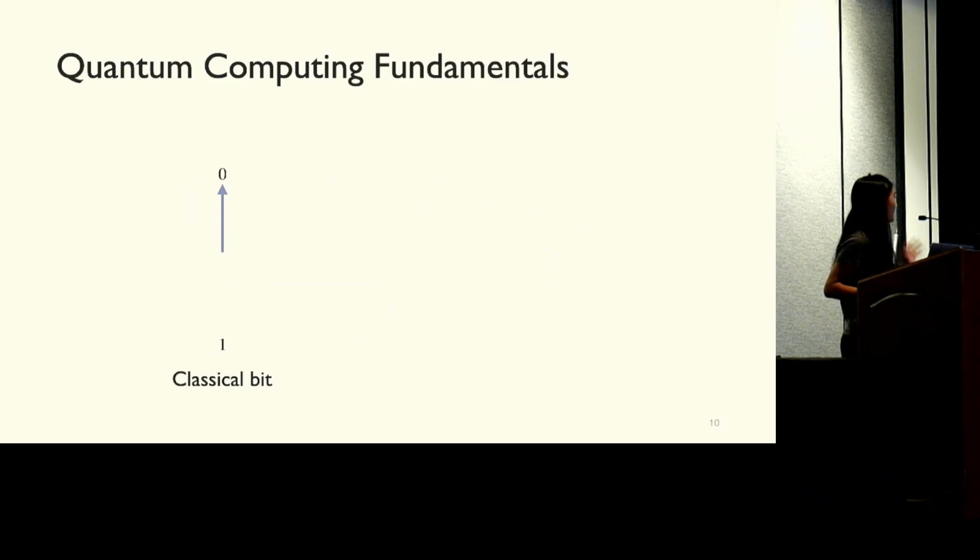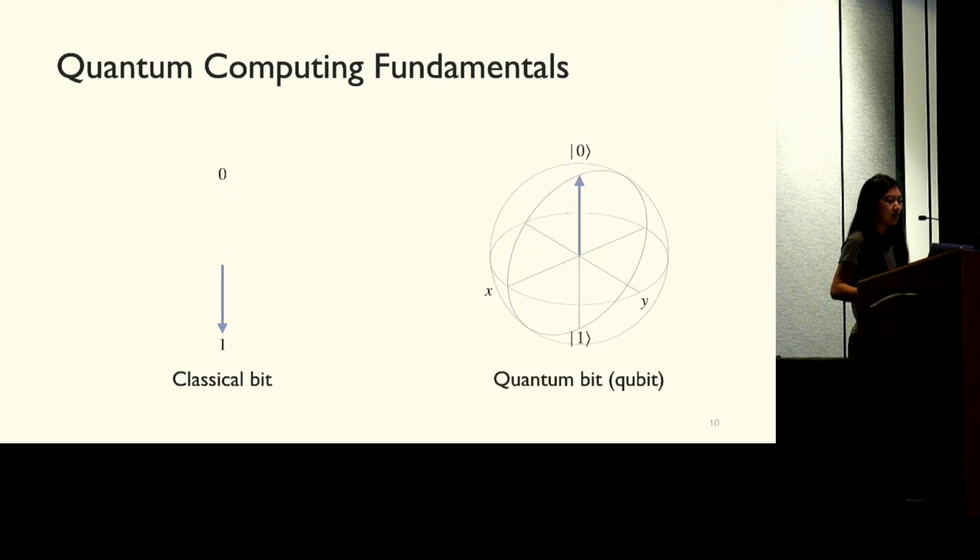In the classical setting, we all know what a bit is, and it can be either 0 or 1. If I'm in the 0 state, I can negate it, and I'll get to 1. In the quantum setting, our state is now a vector, and we also have something analogous to the 0 and 1. These are basis states called ket 0 and ket 1.